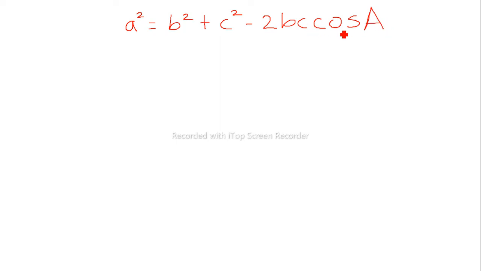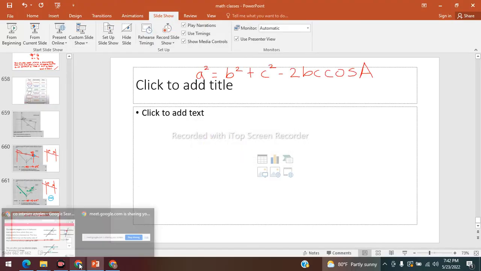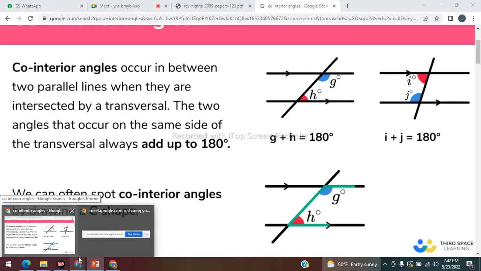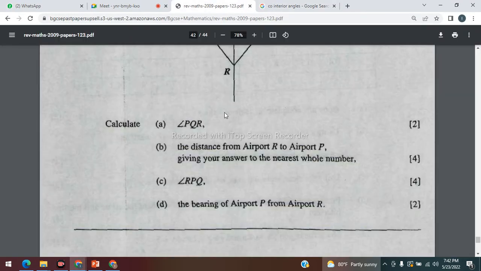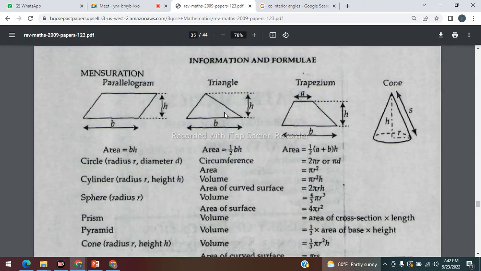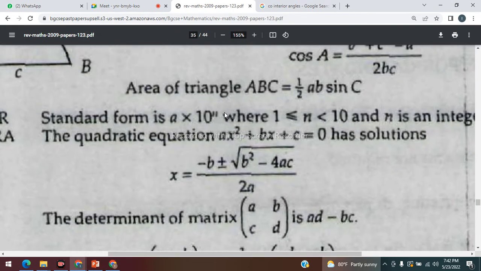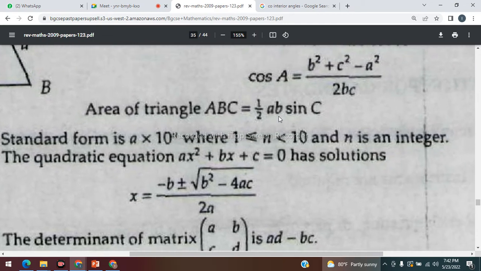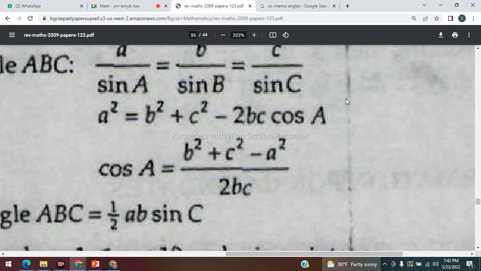It may be wrong, so let me check. I thought it was a squared over b and b squared over. That one is for the angle. This one is for the missing side. They give us the cosine rule in the question paper anyway, so that's good. So there it is. It's so blurry though.